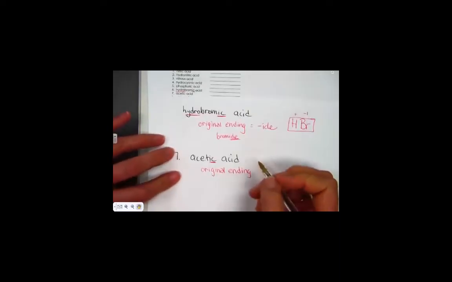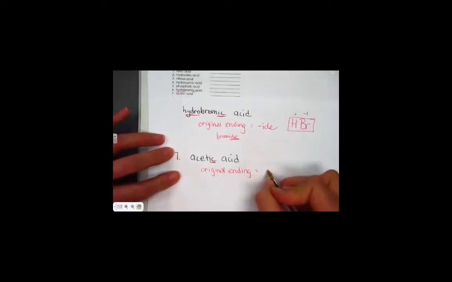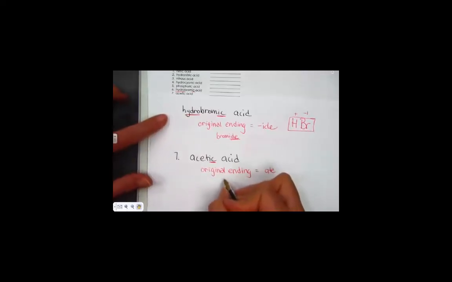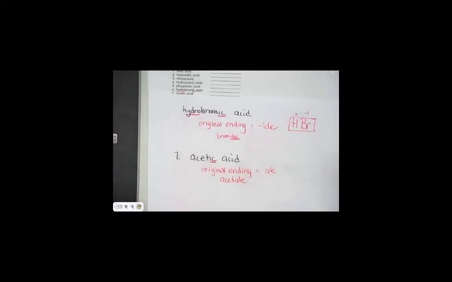Number 7, acetic acid. Commonly called vinegar. Acetic acid. I just see the "ic," no hydro in front. So what was the original ending? Well, the original ending of "ic" must have been ATE. "Ic" comes from ATE. We need to find the polyatomic ion called acetate.